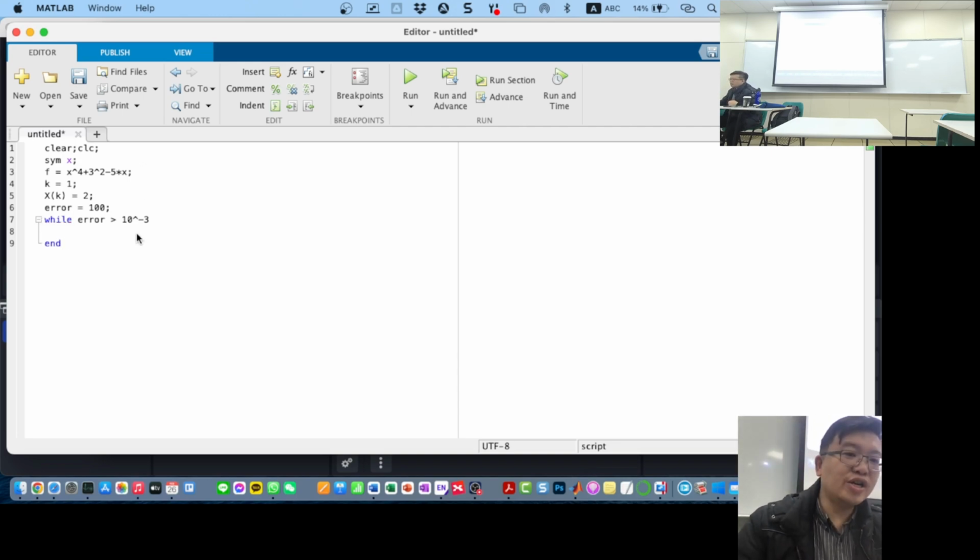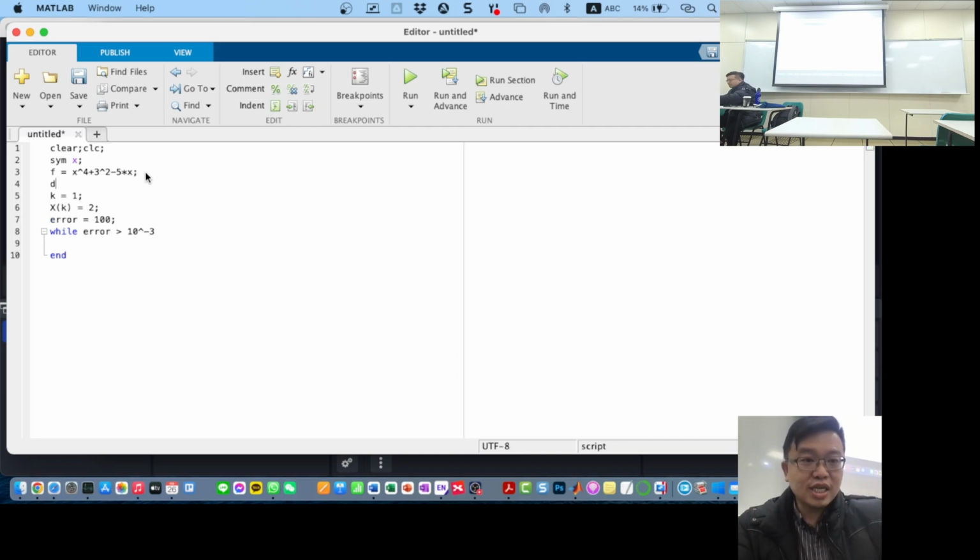So inside the loop, I need to evaluate f prime and f double prime. So let me just call df the differential of f with respect to x. ddf is differentiate again. What happened? Oh yeah, df.